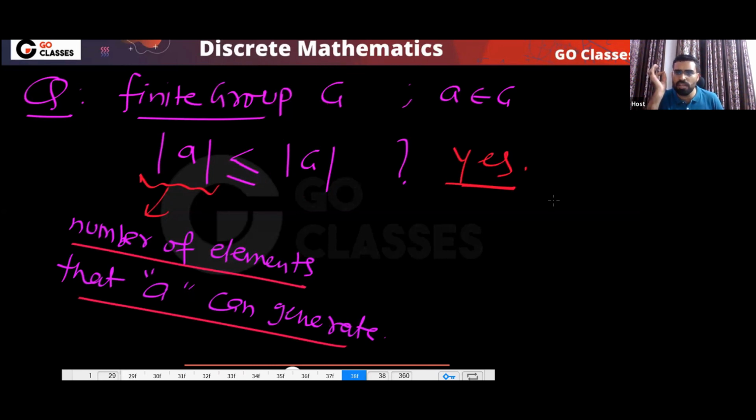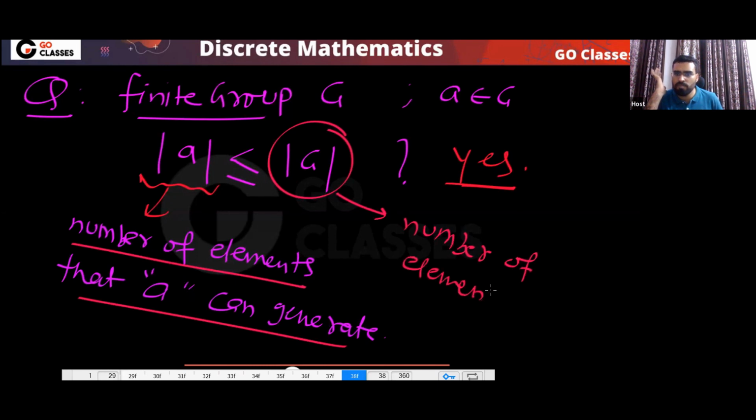Maximum you can generate all the elements of G, and this is the number of elements in G. Is this point clear to everyone? So A can generate from 1 to the cardinality of G elements.